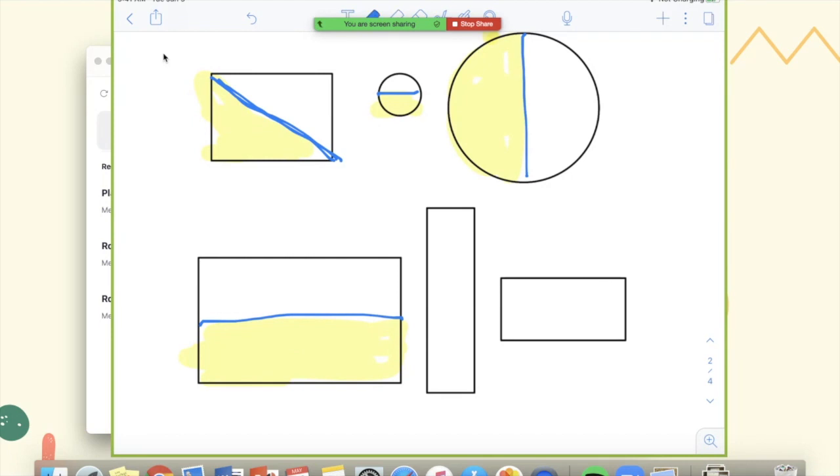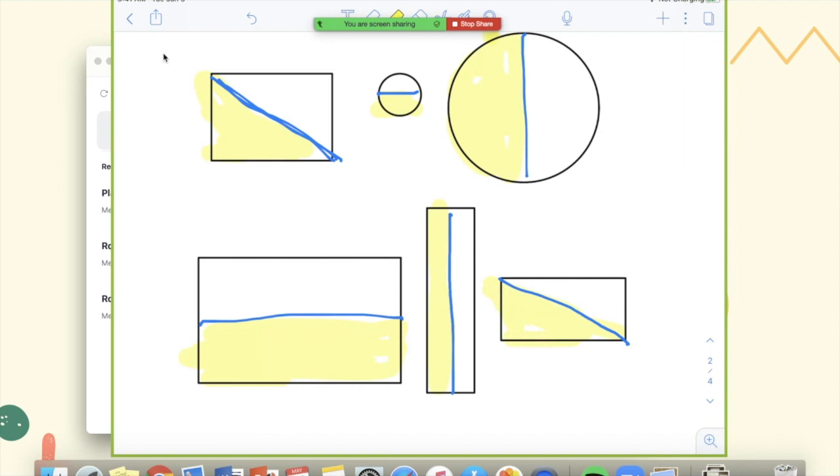This thin rectangle, I'm going to go vertically, and then make sure you shade in 1/2. And then here, I'm going to go diagonally. We've got all 3 types of lines down here in this last row.